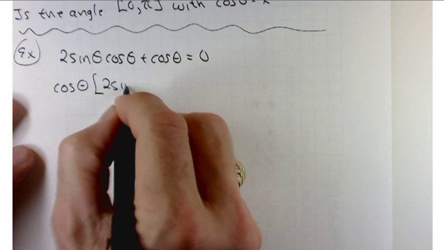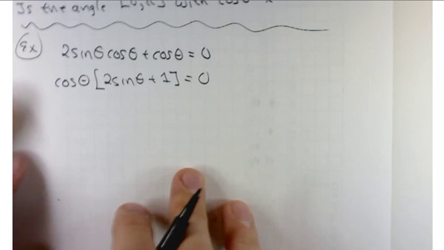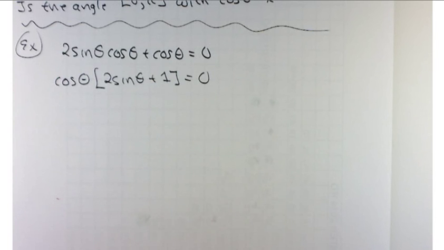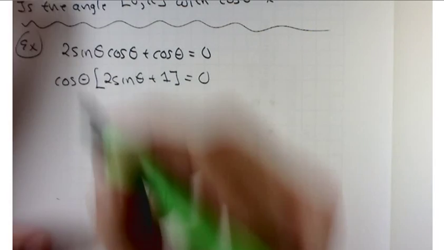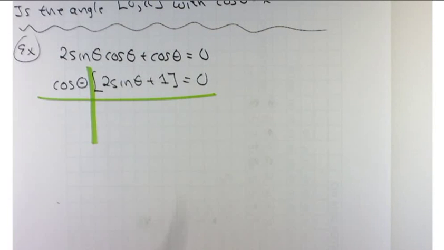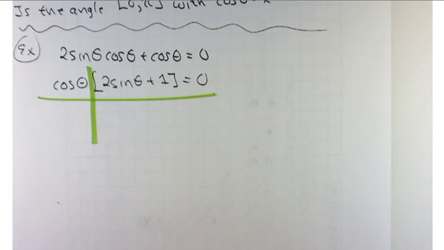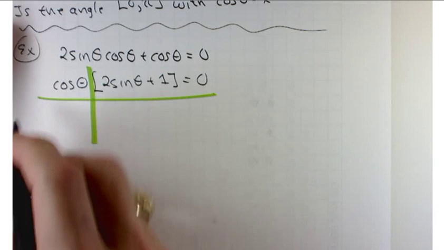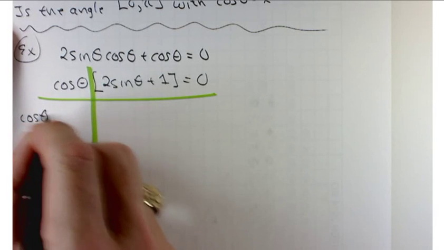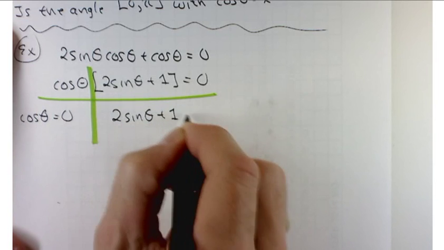That leaves behind 2 sine of theta plus 1 equals 0. Now what does that help? Well, it means one of two things. In order for this times this to equal 0, one of those two things has to be 0. Either cosine of theta is 0 or 2 sine of theta plus 1 is equal to 0.